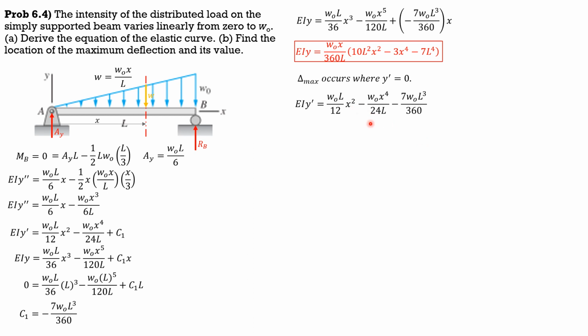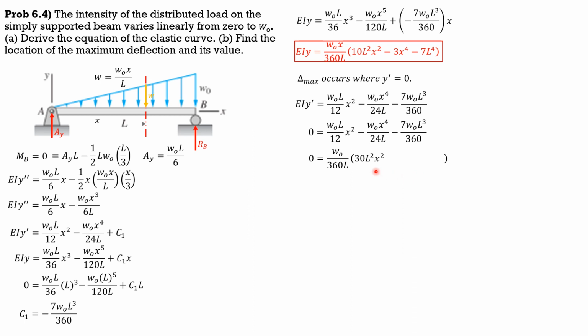So what is common here is WO over 360. So 0 equals WOL over 12 x squared minus WO x to the fourth over 24L minus 7 WOL cubed over 360. Factor out WO over 360L.